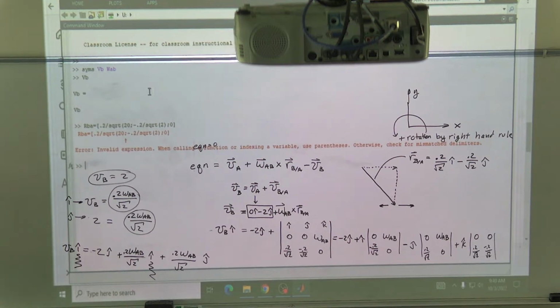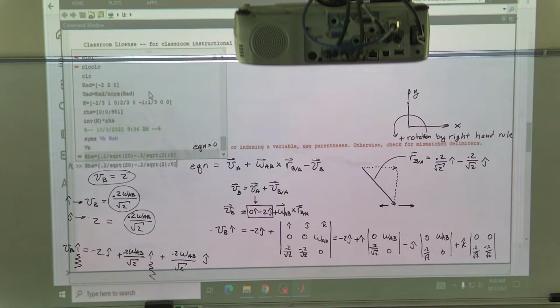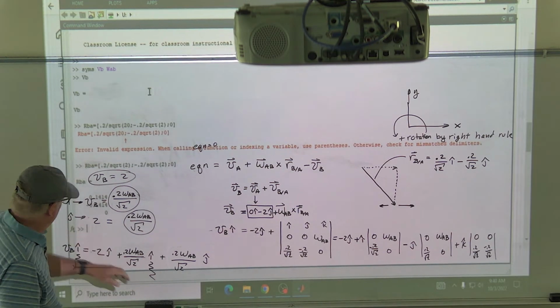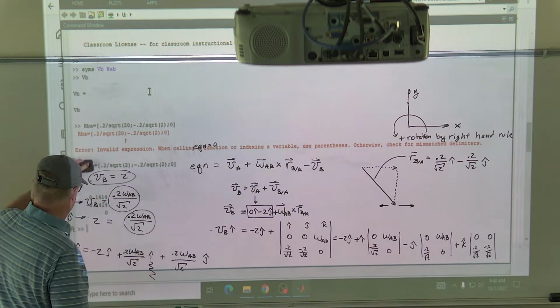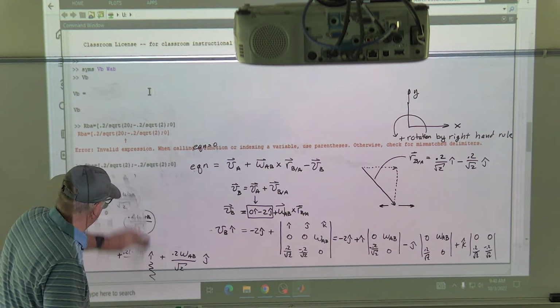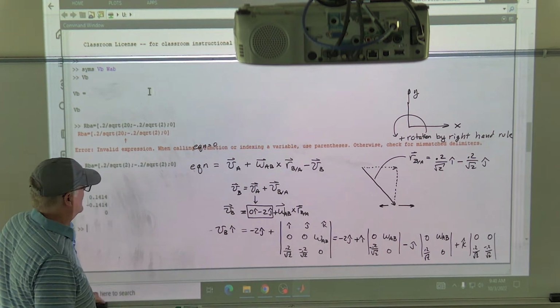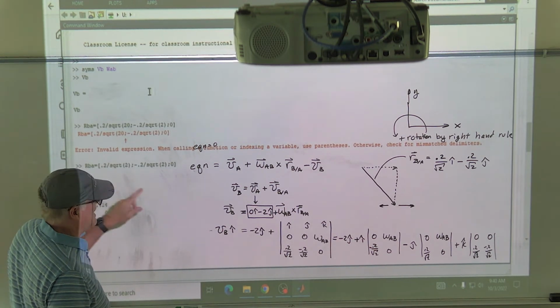So, oops, I forgot to put a parenthesis. Oh, that's supposed to be square root of 2. So there's my vector. I know it's getting busy, so maybe I'll take this out. I hope I'm not erasing something I'll need. So there's my vector R B to A.